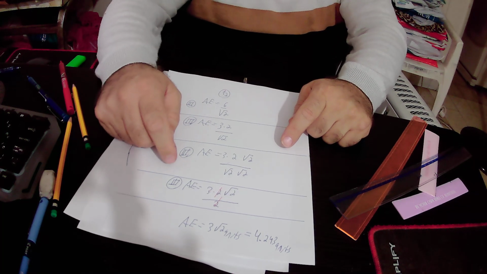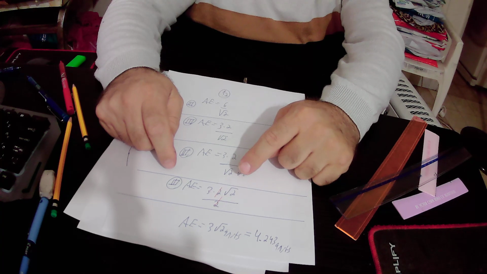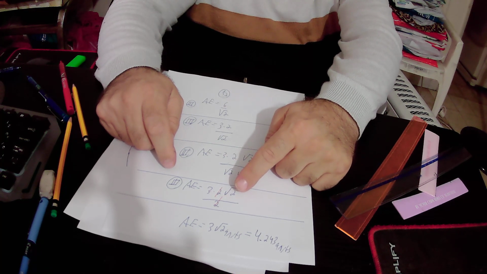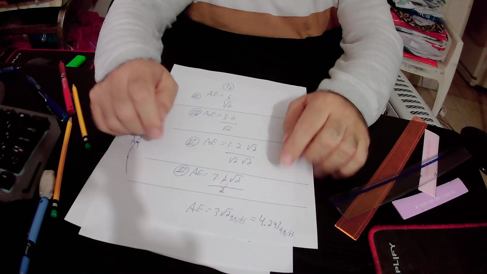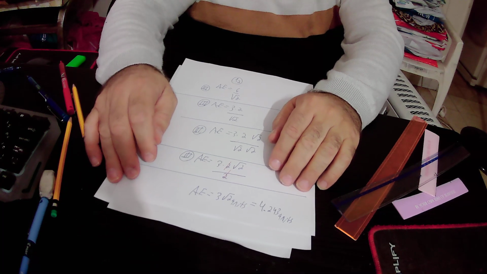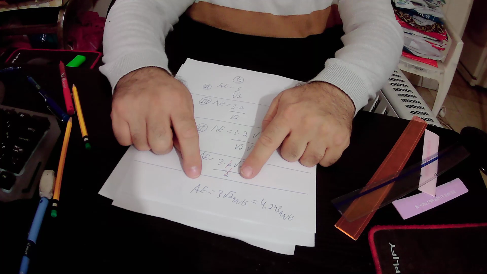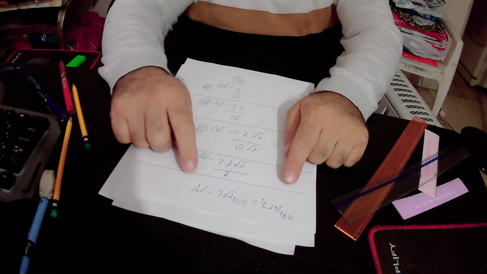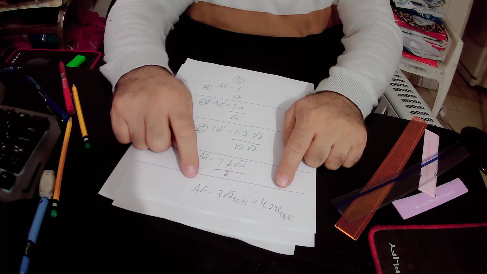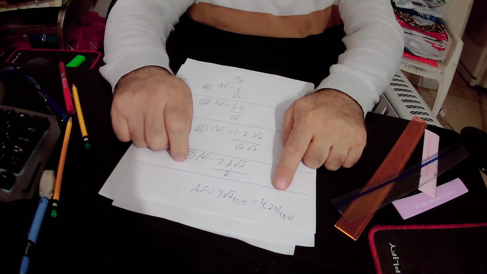Then 2 over 2 is 1, so the 2 gets cancelled, and what is left is that the size of line segment AE equals 3 times square root of 2 units, or in terms of numbers, 4.243 units.